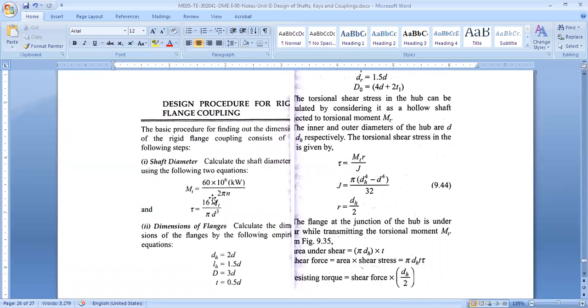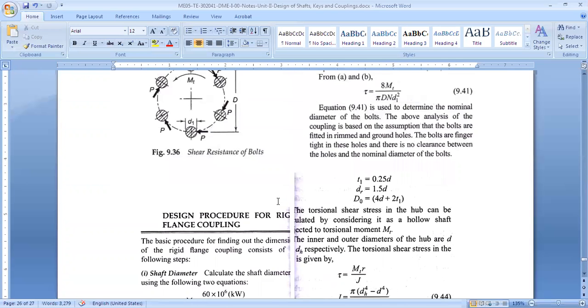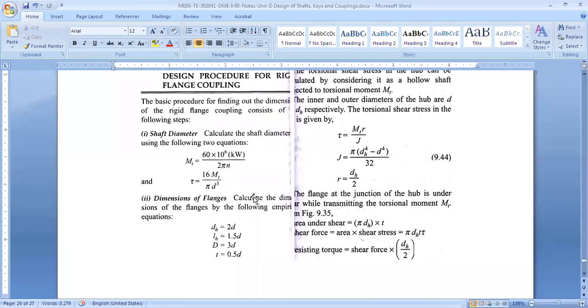First, we already did almost half the design, so we just go through that. Torque, as I said, we use the power equation. Torque is equal to 60 into 10 raised to 6 into power in kilowatt upon 2 pi N. With this we can get MT if we know the power and the number of revolutions per minute.